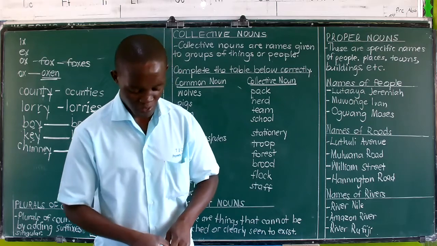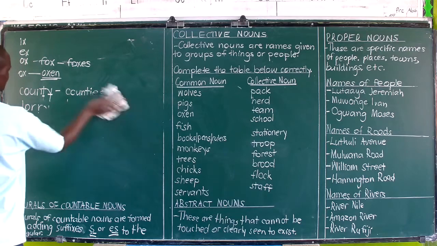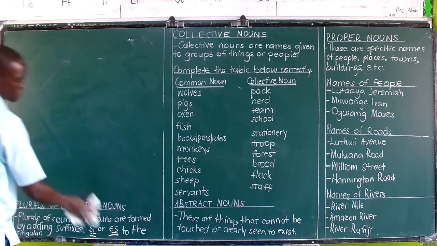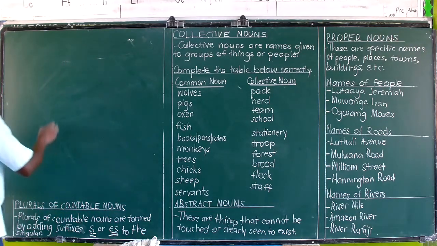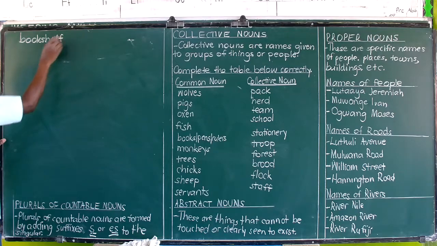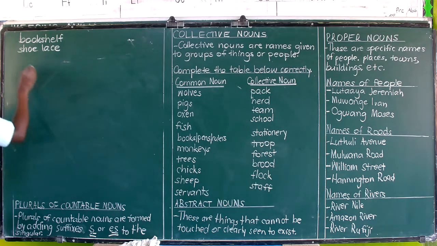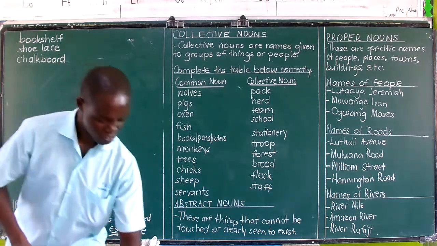Yes. What else do I need to say about this? Maybe listen to this very clearly. The teacher put all of them together. I want to make you learn this. We have words like bookshelf. We have words like shoelace. We have words like chalkboard. Maybe I use the very words you have here.